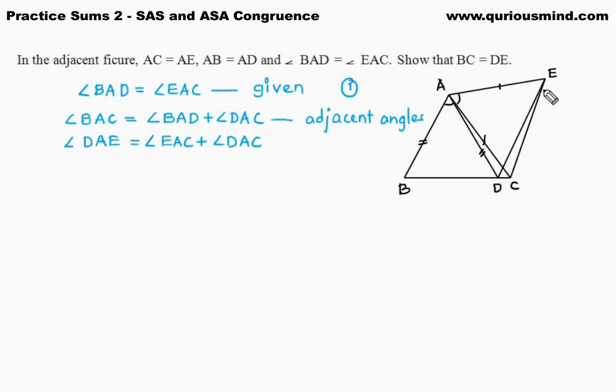Angle DAE is equal to angle EAC plus angle DAC. Now, if we observe these two, we know BAD is equal to EAC, and we are adding the same angle in both. So in this we are adding a DAC, in this also we are adding DAC. That means BAC and DAE are equal.